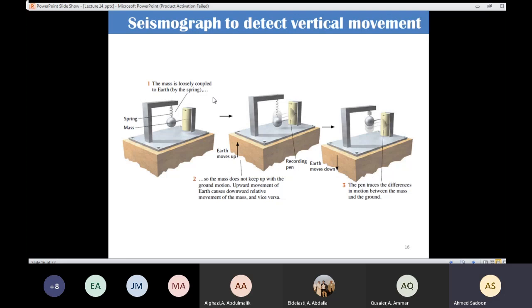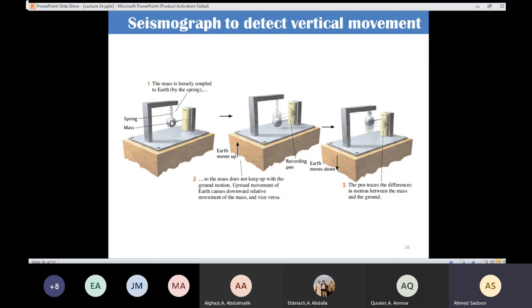Here, we are going to see a seismograph in order to detect vertical movement. We say that the earthquake could cause vertical or horizontal movement. Here we are going to have a mass, and the mass is connected with a spring here. And when we have vertical movement in the earth, what will happen?